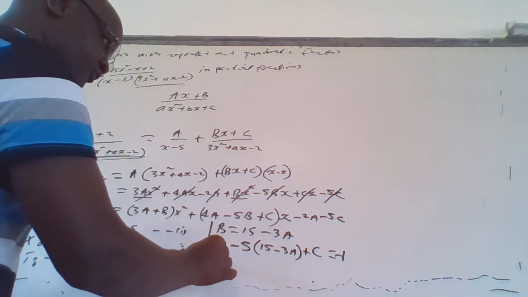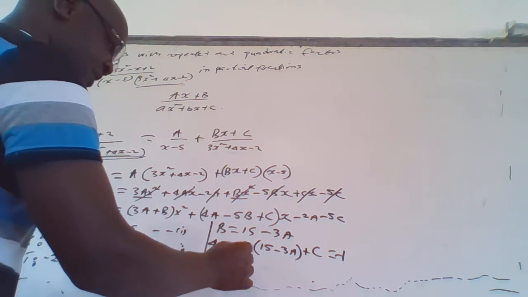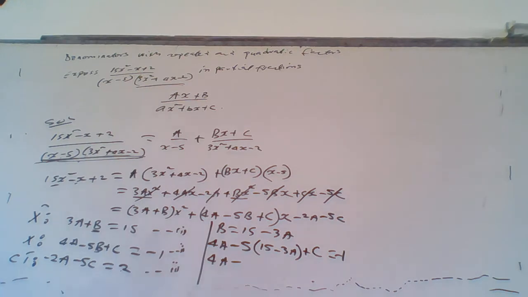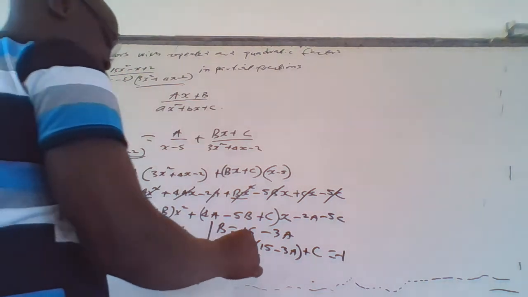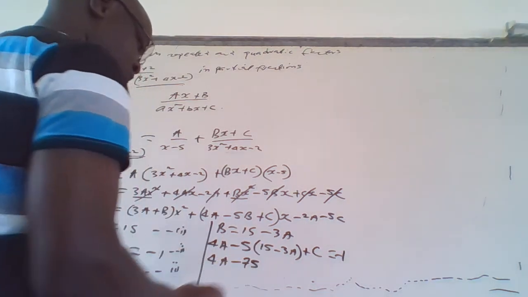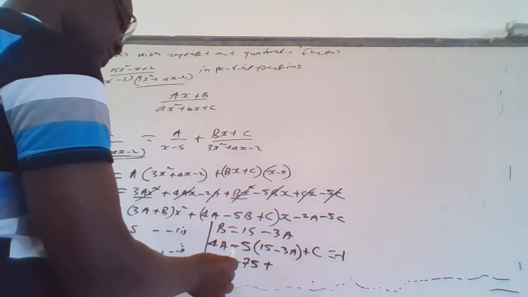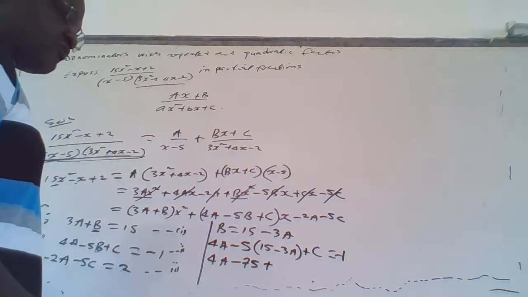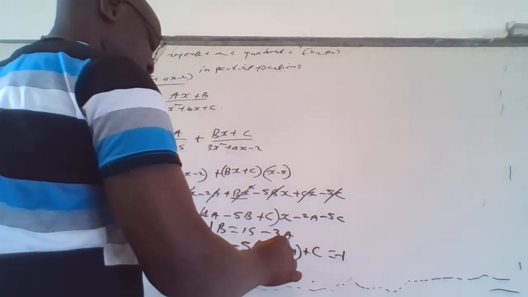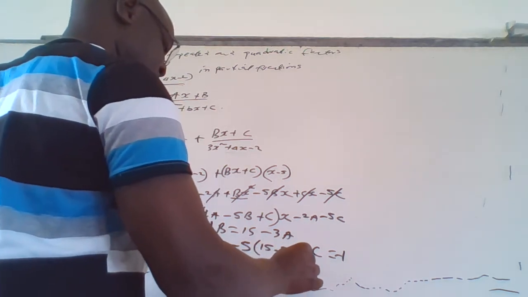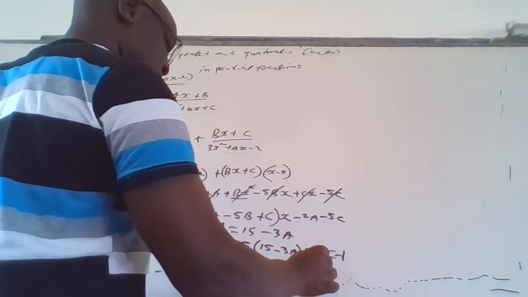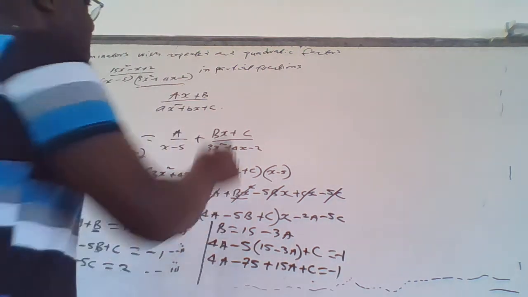So we have 4a minus, we have 15 times 5, this is negative 75, then plus negative 5 times negative 3a, we have plus 15a, plus c was negative 1.